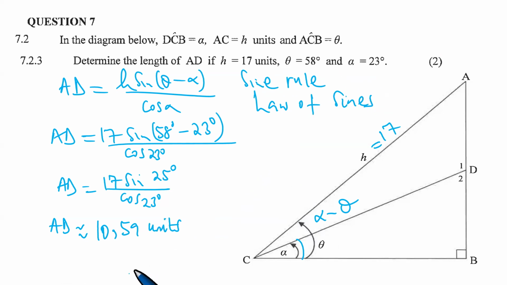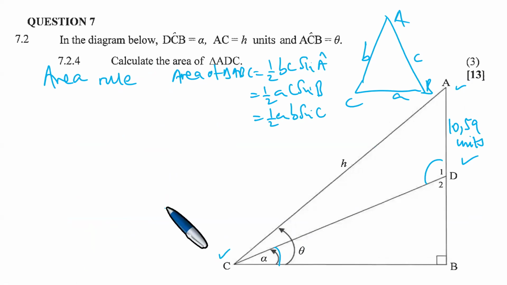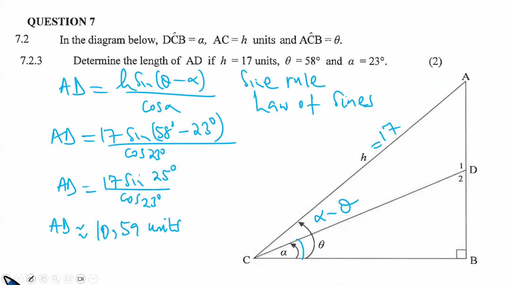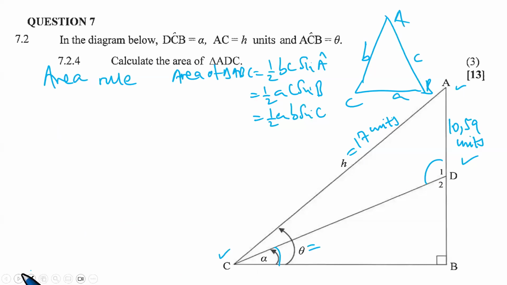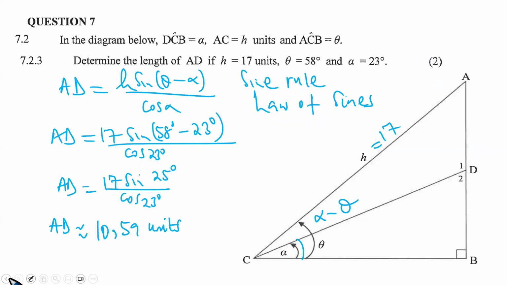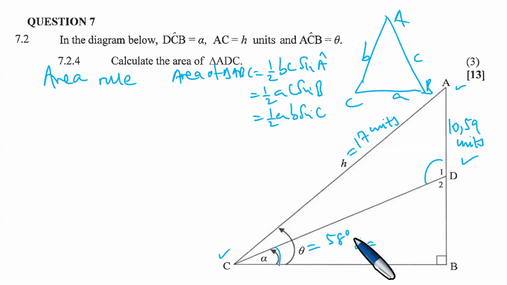And also alpha is 23 and theta is 58. So H is 17 units. Theta is 58 degrees and alpha is 23 degrees.